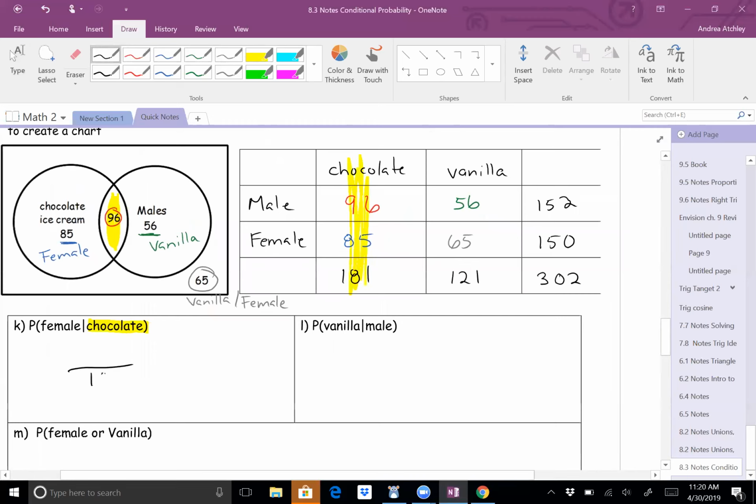So that's 181. Of those people who like chocolate, we care about the people who are female. So that's 85.